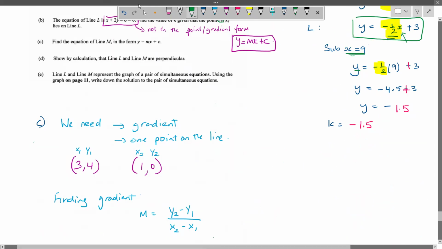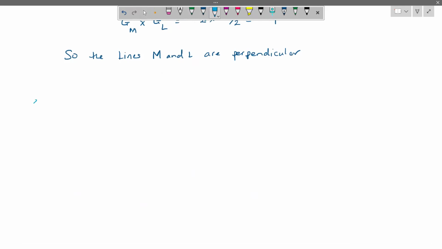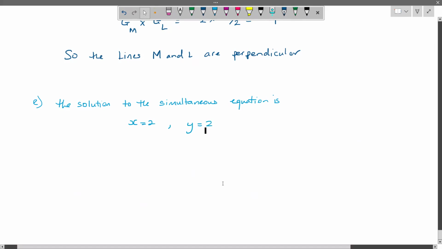And we will write the solution to the simultaneous equations is x is equal to 2 and y is equal to 2. Yeah? And that's it.